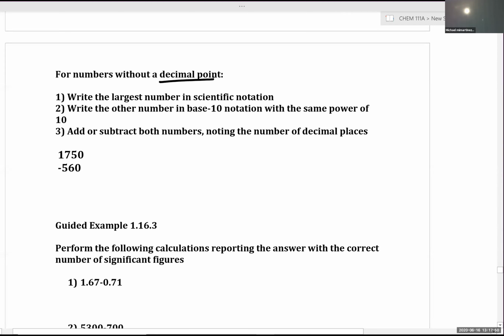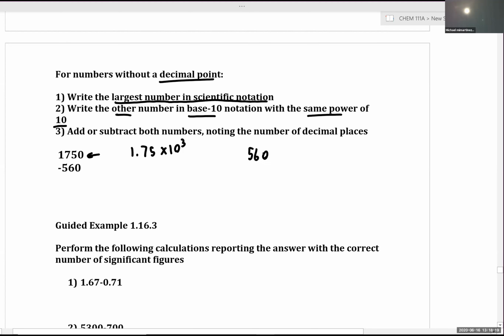So one trick is to write the largest number in scientific notation. So we'll write 1,750 as 1.75 times 10 to the third. Notice I get rid of any non-significant zeros when I convert my number to scientific notation. And then we write the other number in base 10 notation with the same power of 10.